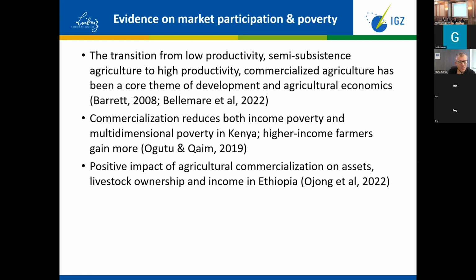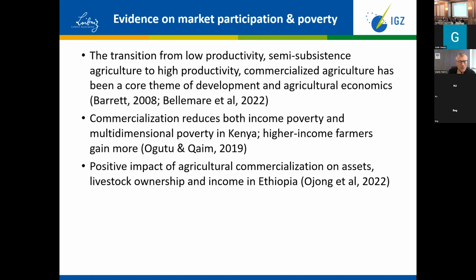The evidence on this topic is that transition from low productive semi-subsistence agriculture to high productive commercialized agriculture is a core theme of development and agricultural economics. There are many studies proving that statement, that commercialization reduces poverty, it improves other things.